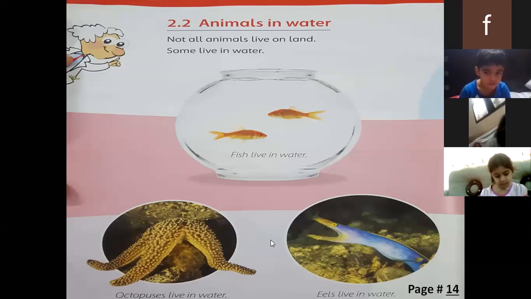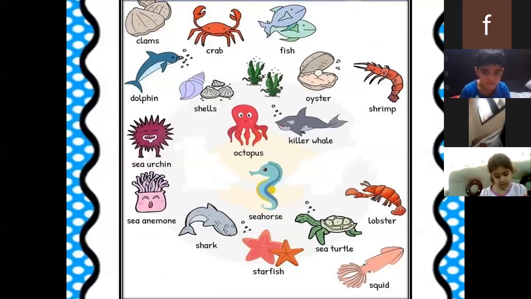Now, please move to the next page. Don't move to the next page yet. Let us first see some more examples of sea animals. Can you please focus on the screen?